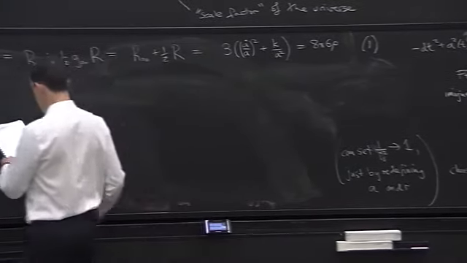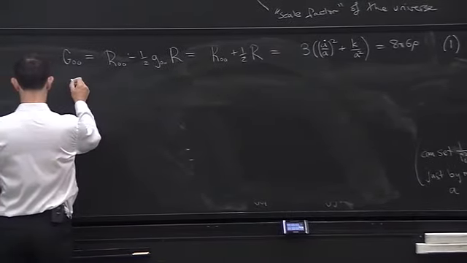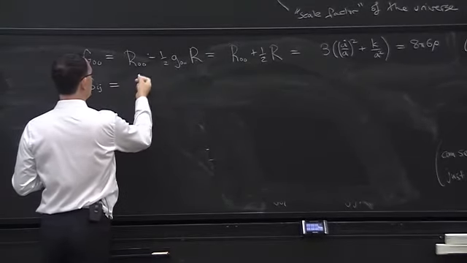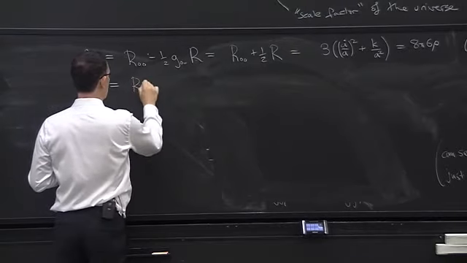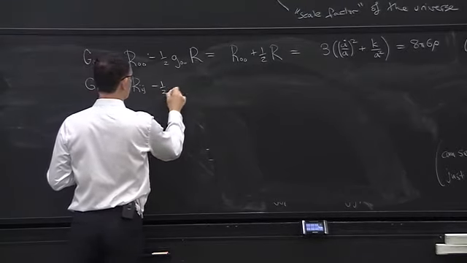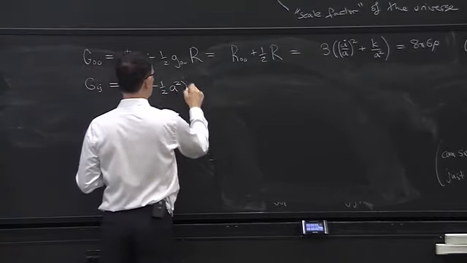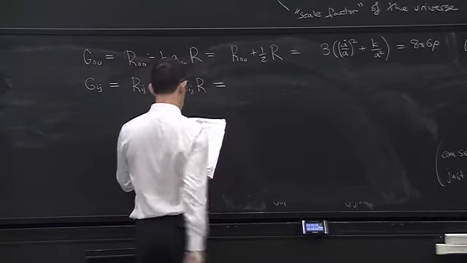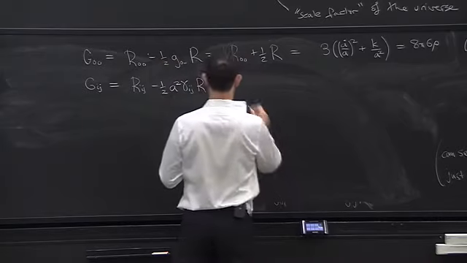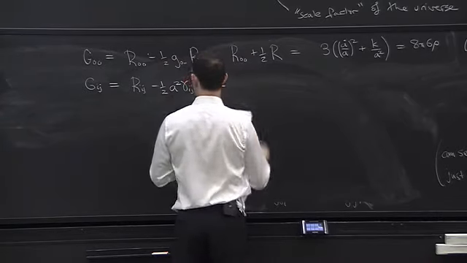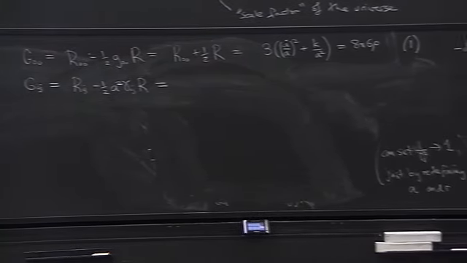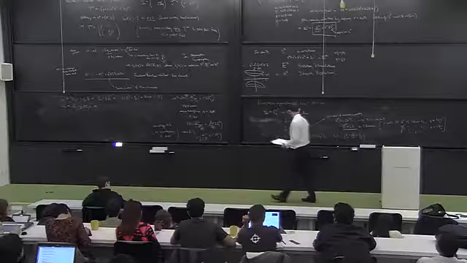And then the second equation is, of course, Gij, which is Rij minus 1/2 a squared gamma ij R. And that is equal to, let's just see it here, Rij, well, this quantity is 2k times gamma ij.